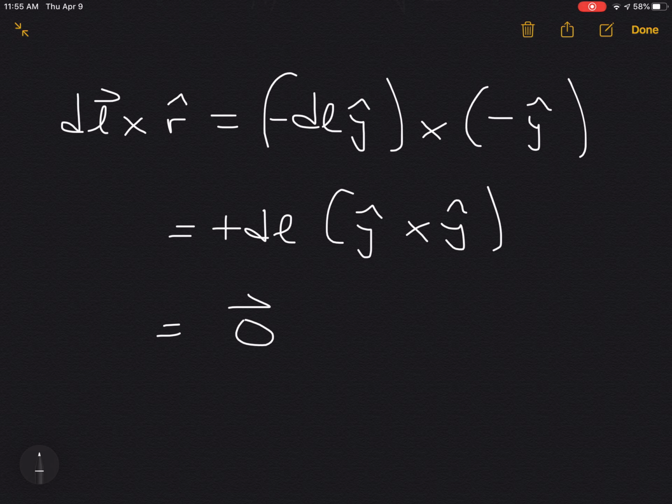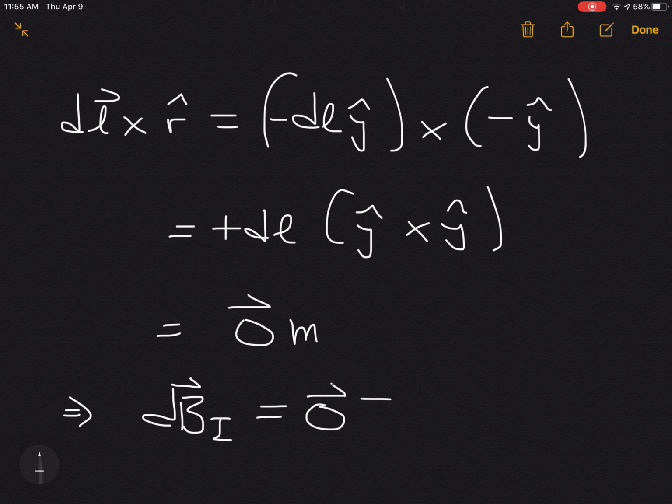Technically, dl has units of meters, so this is 0 meters. Unit vectors, of course, have no units at all. Okay, so what that implies is that that entire thing, dB1, is equal to 0 Tesla. Beautiful.